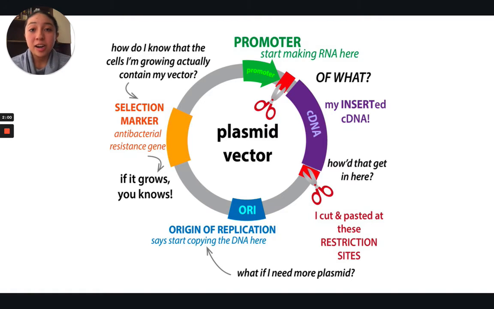Then another component of a plasmid that we should really take into account are restriction sites. Restriction sites are parts of the plasmid that can be recognized by restriction enzymes. And restriction enzymes are molecular scissors. This is why we have some scissors right here, because we will want to be cutting, copying, and pasting DNA.